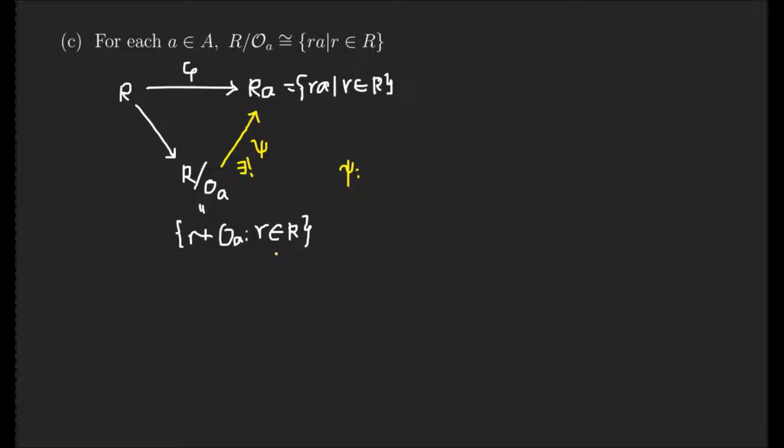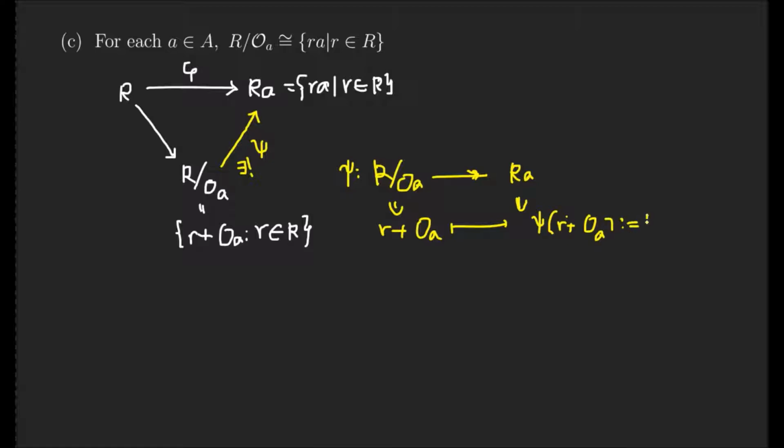There is a unique homomorphism psi from R quotient O_A to RA given by r plus O_A goes to phi(r).